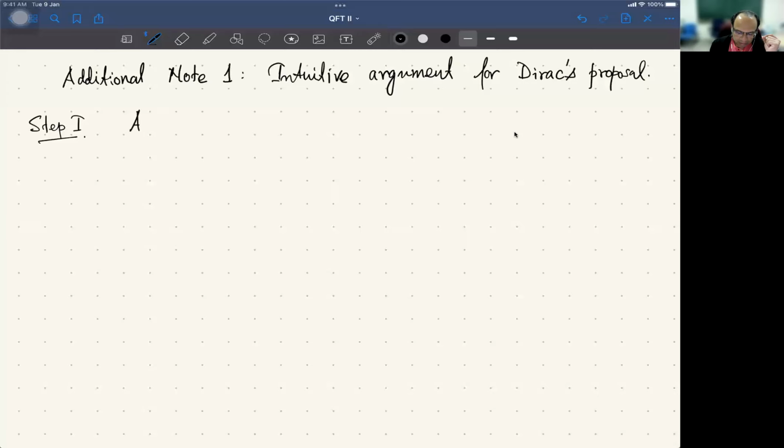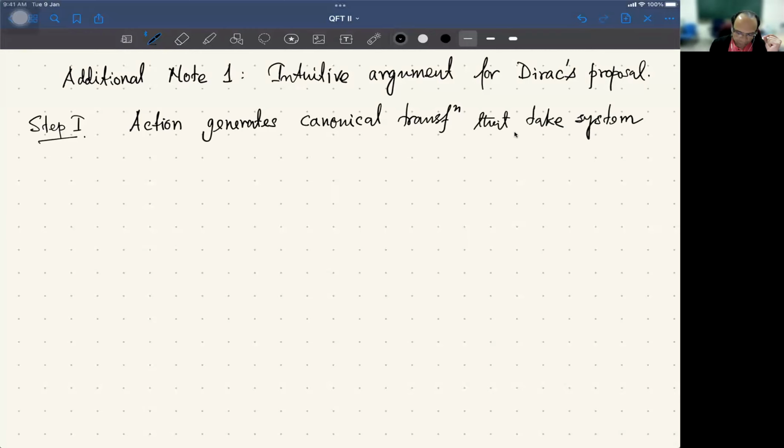So that's the statement: action generates canonical transformation that takes the system from one time to another.